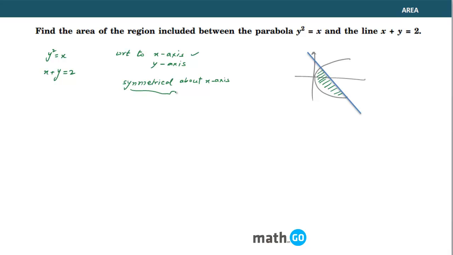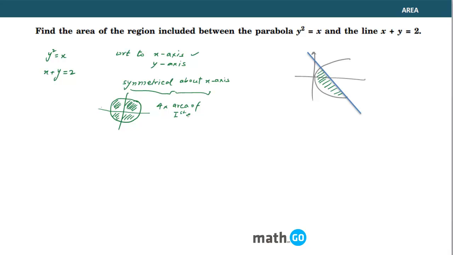Symmetrical about x-axis means that the portion which is above x-axis, exactly similar portion is below x-axis. So for example, if you want to draw a circle, and let's say this is your x-axis and this is your y-axis, I say that this area is equal to this area, is equal to this area, and this is equal to this area. So how I will calculate is 4 into area of first quadrant, right? This is the usage of symmetry about x-axis and y-axis, right?